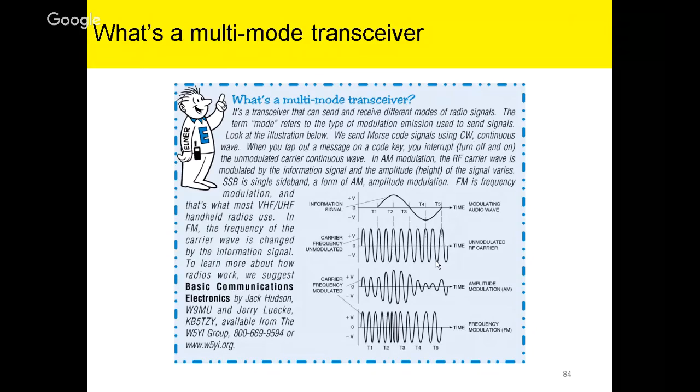You're only transmitting one of the two sidebands that normally make up an AM signal. If you transmit a lower sideband or an upper sideband, you also, another mode is FM or frequency modulation. So these are all different modes that a transceiver has, as far as being considered a multi-mode transceiver. You have various ways to communicate.